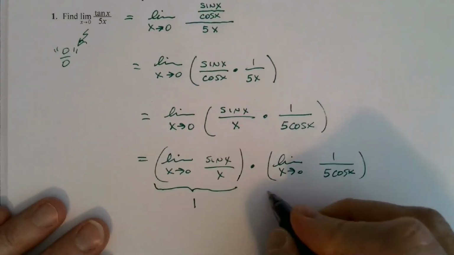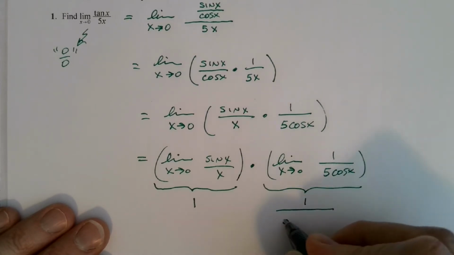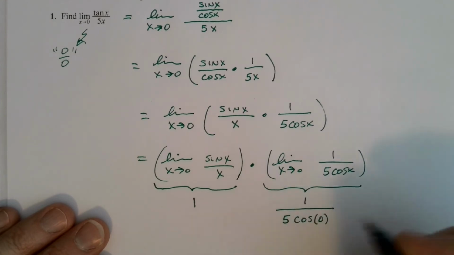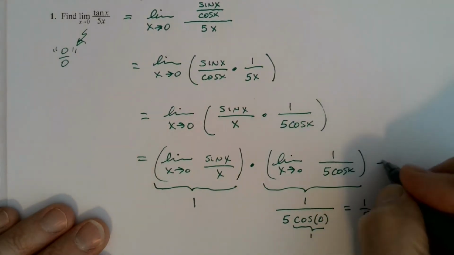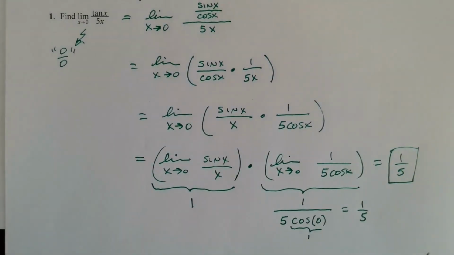It's 1. Does this limit exist? Yeah, this function is continuous at 0. I can plug in x equals 0. Cosine of 0 is 1. And I get 1/5 here. So I get 1 times 1/5, which is indeed 1/5. And that's the limit of tangent x over 5x as x goes to 0.